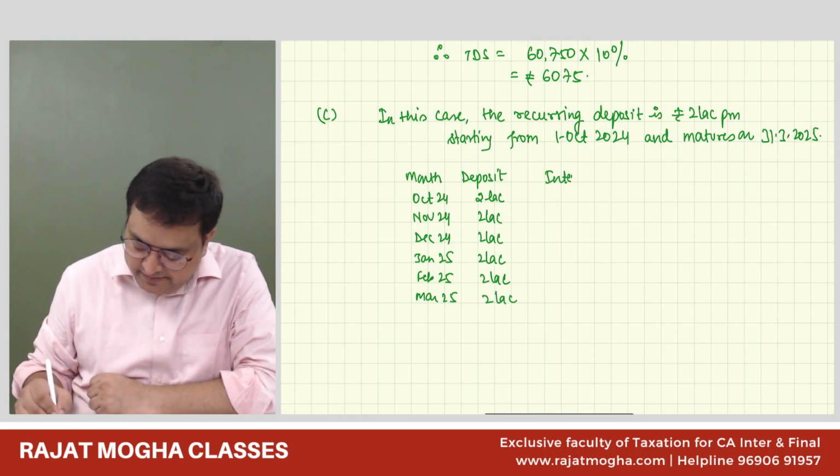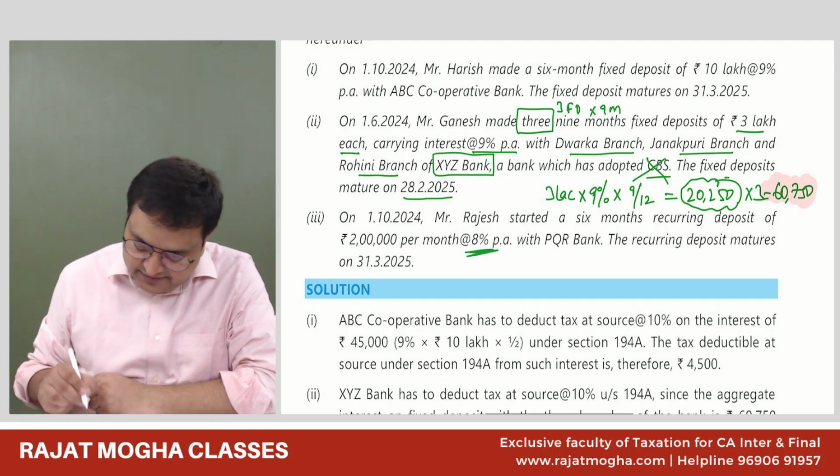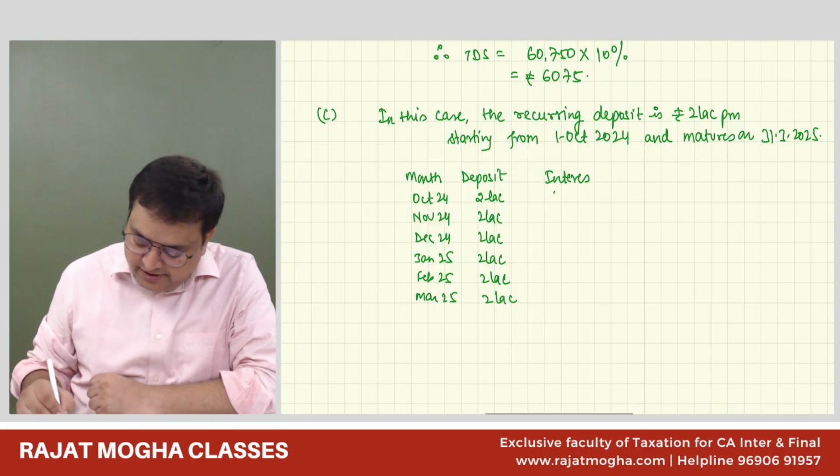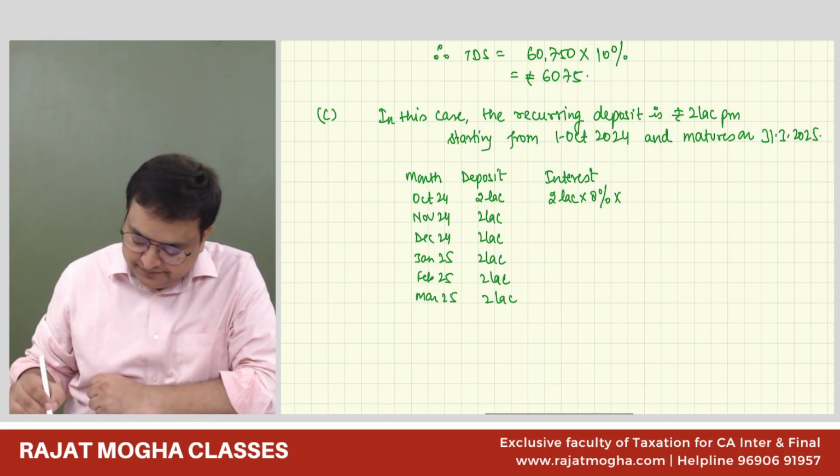The interest will be, what is the rate of interest he is getting? 8%. The interest would be 2 lakh into 8%, and for how many months? From 1st October till 31st March, 6 months.